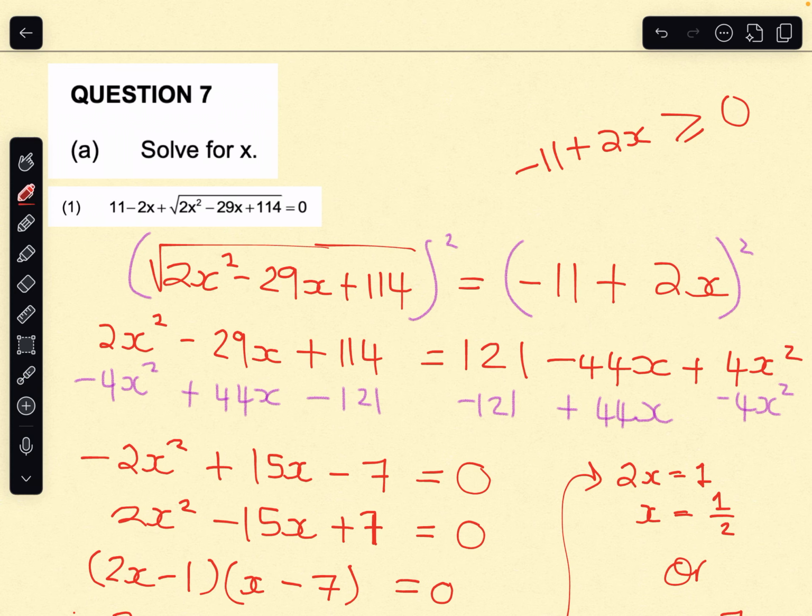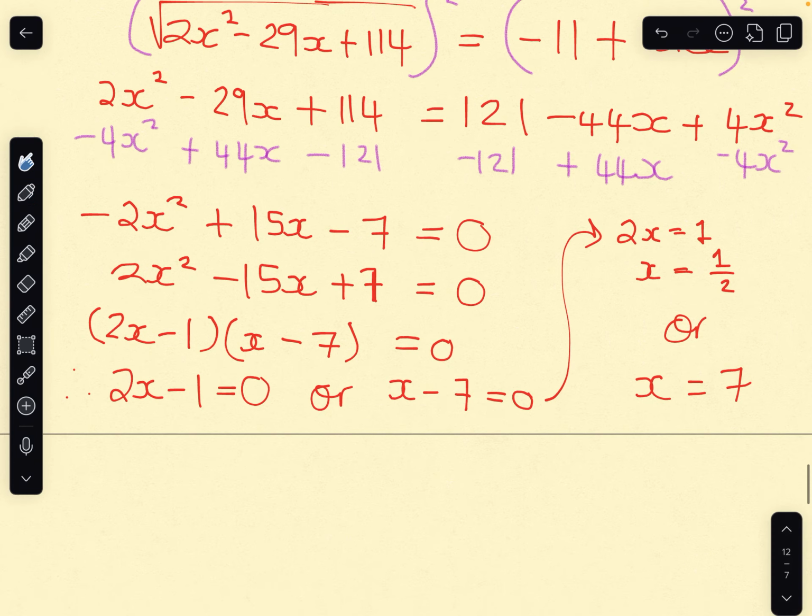So our x has to be something that is, so if we just quickly solve this inequality, and we know that that will switch it around, our x has to be something that is greater than 11 over 2. Okay, so let's see.